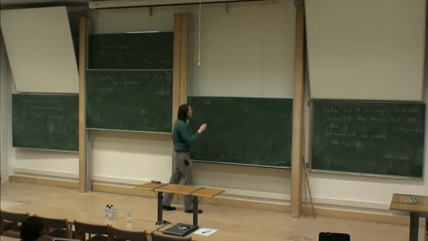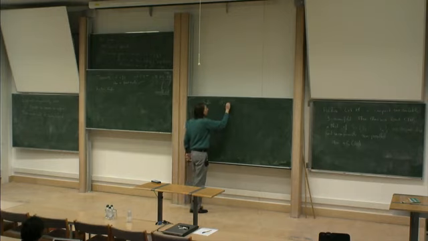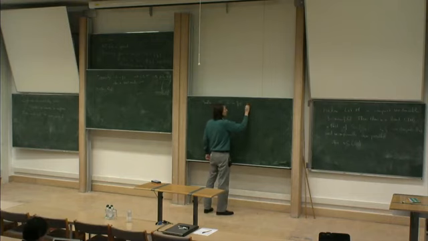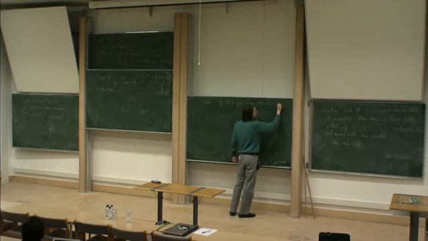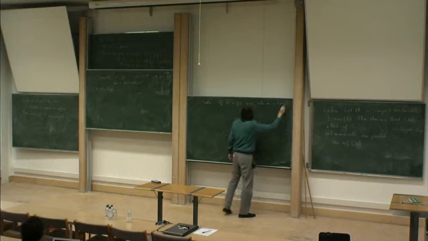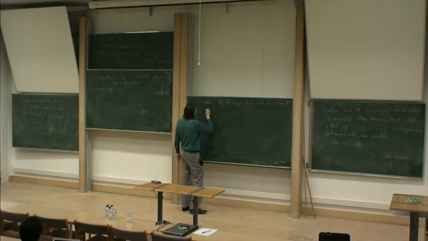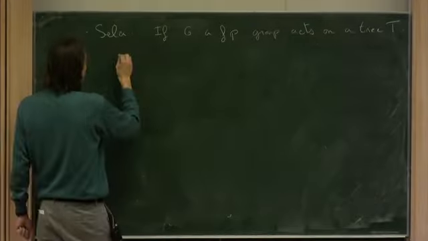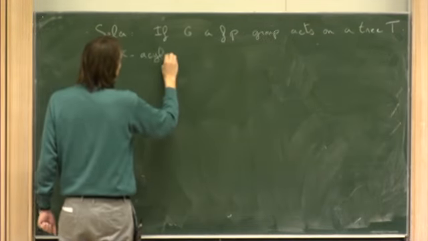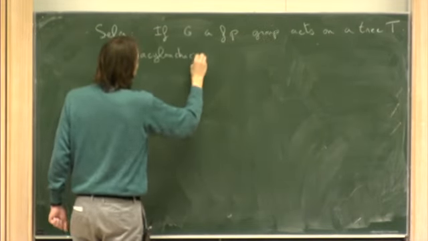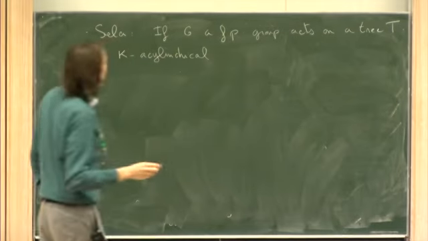So that says that if G, a finitely presented group, acts on a tree T that is K-acylindrical, so what does K-acylindrical mean?